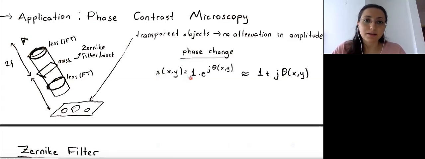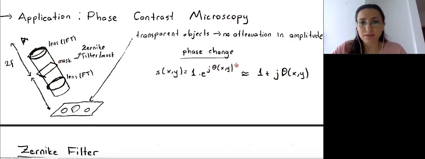But there's going to be a change in phase, because this object will have thicknesses which will change the phase of the light as the light passes through the object. Okay, so we write the field distribution for the object as e to the j times some phase term.